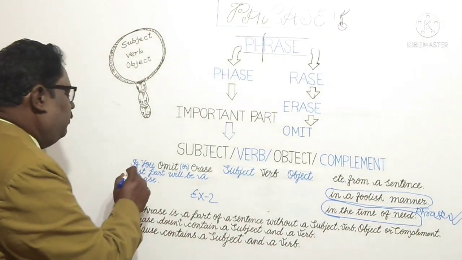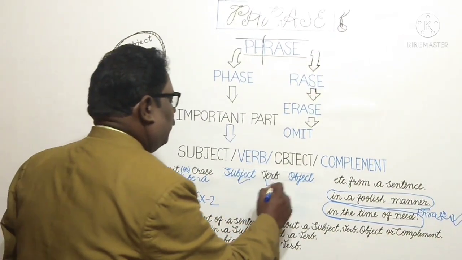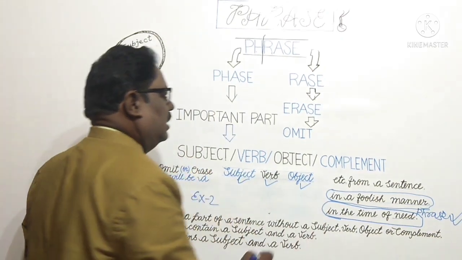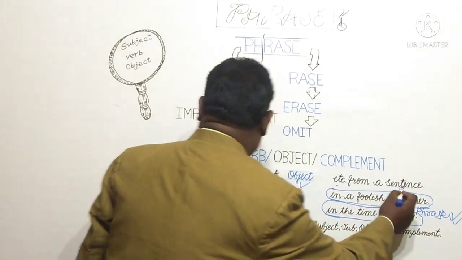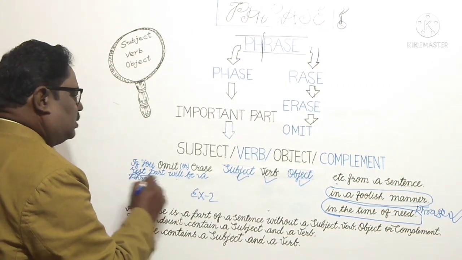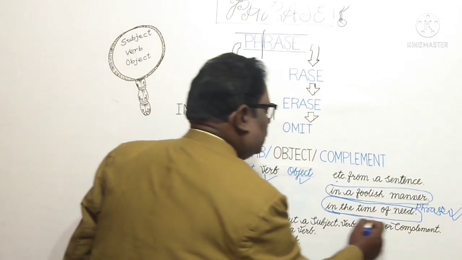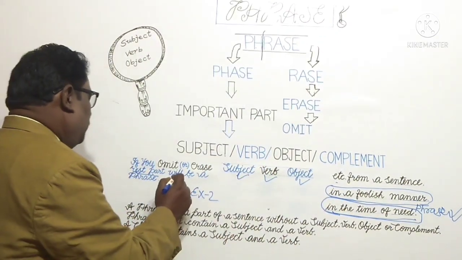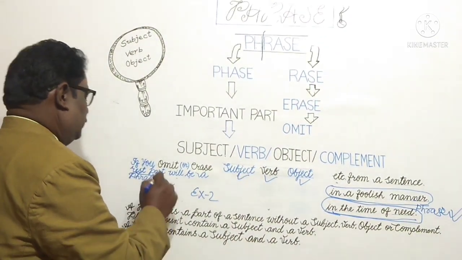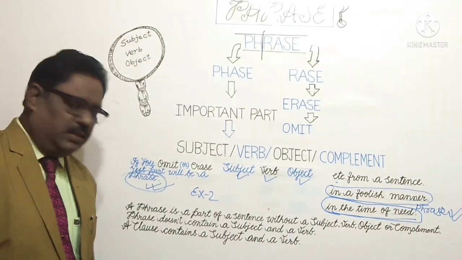Here you see, if you omit or erase subject, verb and object, etc. from a sentence, rest part, in a foolish manner, in the time of need, will be a phrase. Points to be noted.